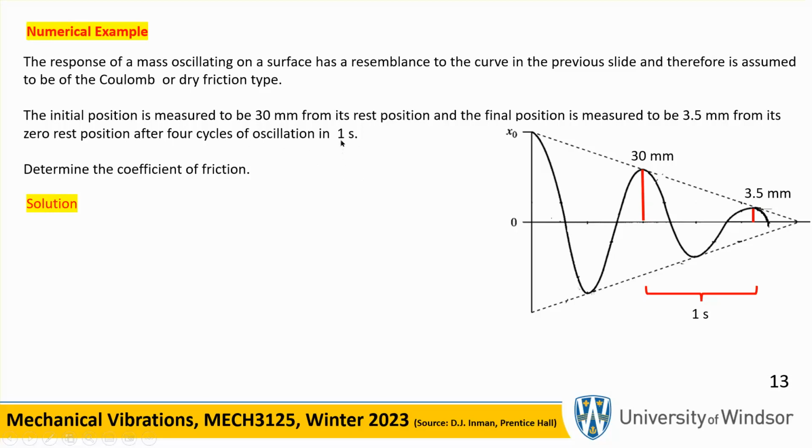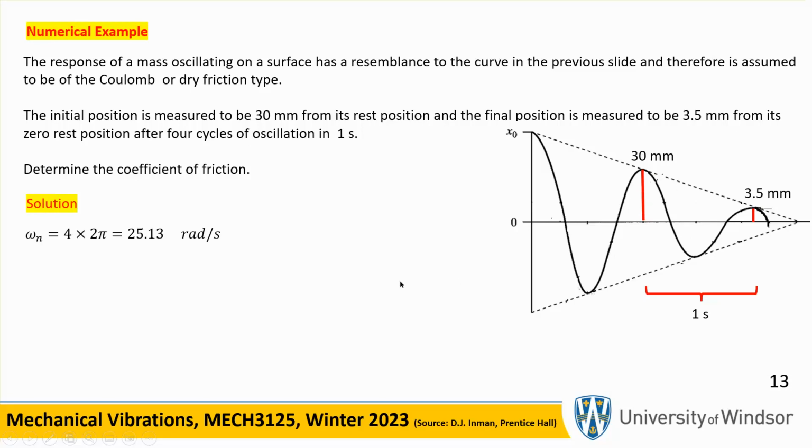Out of these 4 cycles in 1 second, we get the period of oscillation. This is a horrible drawing because in this 1 second there should be 4 cycles. Please clean it up yourself; there should be 4 of these.